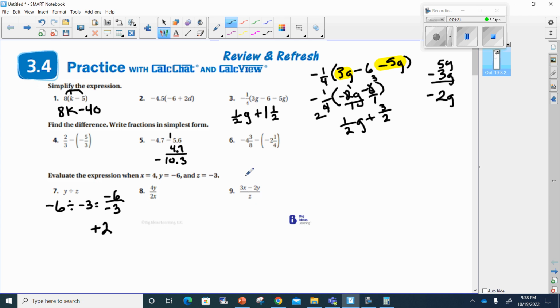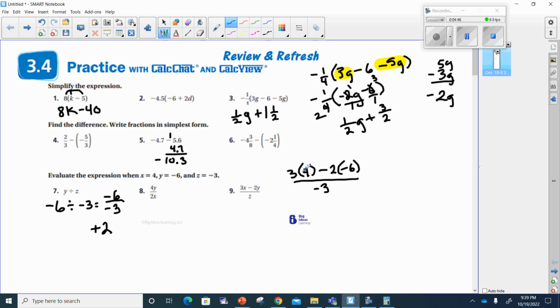Let's go to number 9. It says this time 3x, so this is going to be 3 times 4 minus 2y, which is 2 times -6. That's going to be over z. Z is -3.